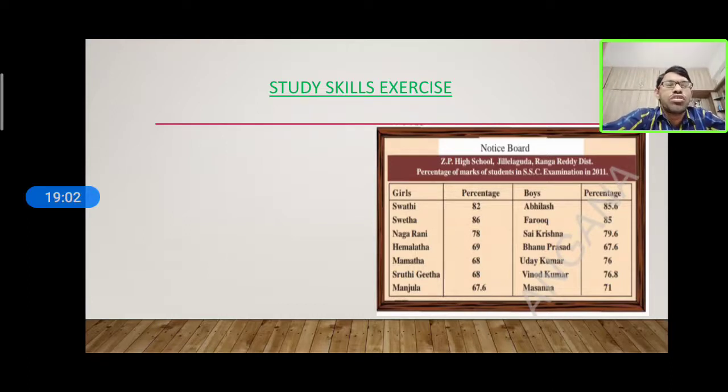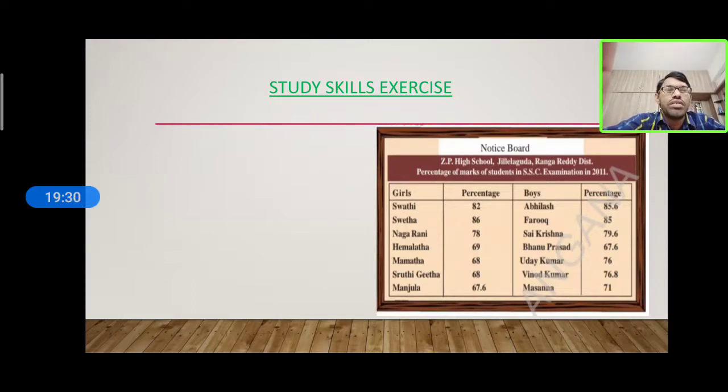This is a notice board from a ZP high school, regarding the percentage of marks of students in the SSC examination. SSC means the 10th examinations. In the 10th examinations in 2011, these boys and girls scored this much percentage.